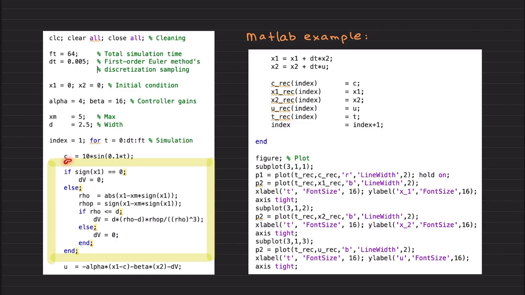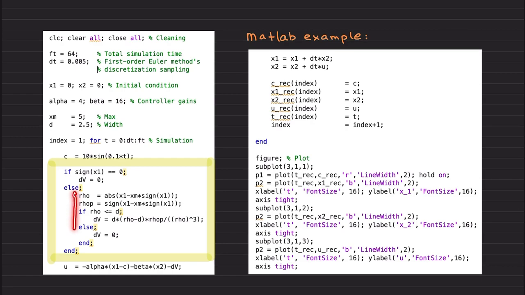I am choosing a command that is a sinusoidal that changes between 10 and minus 10. So when we enforce state constraints, we should track the sinusoidal command when we are between 5 and minus 5, but if it gets beyond, we should stop because we would like to enforce state constraints. All right, so this is how I code.